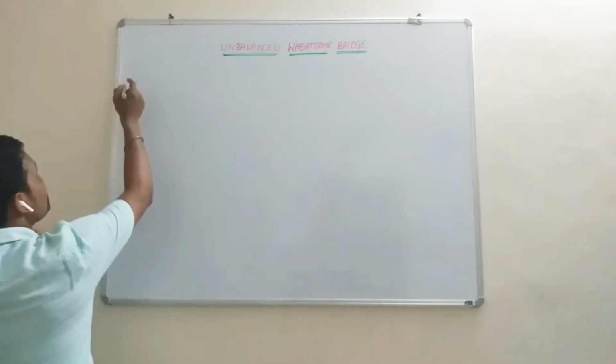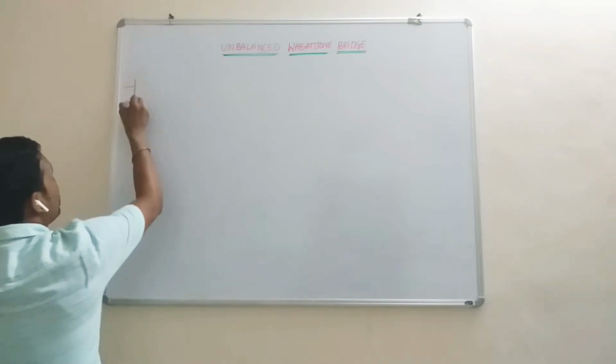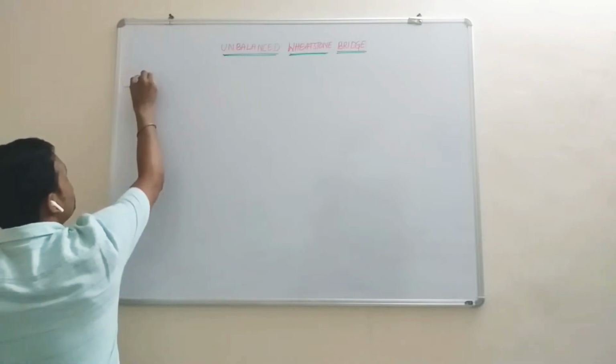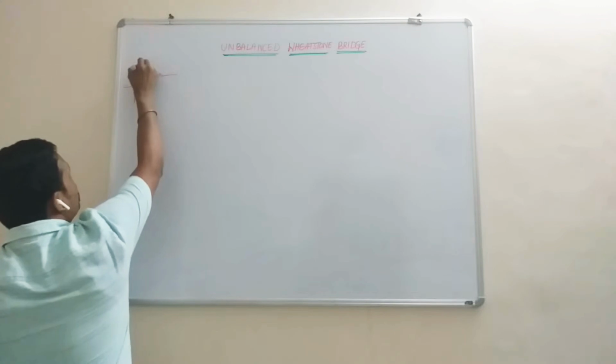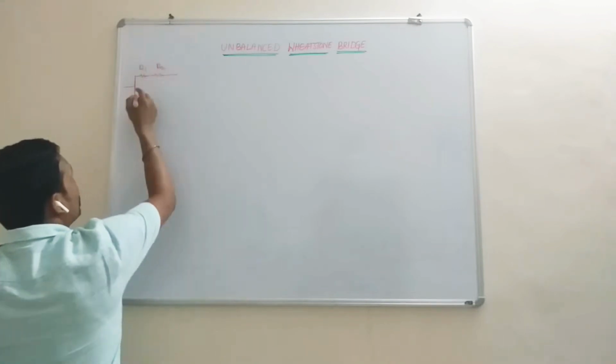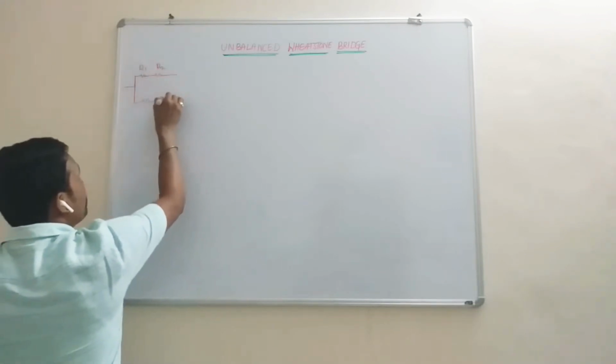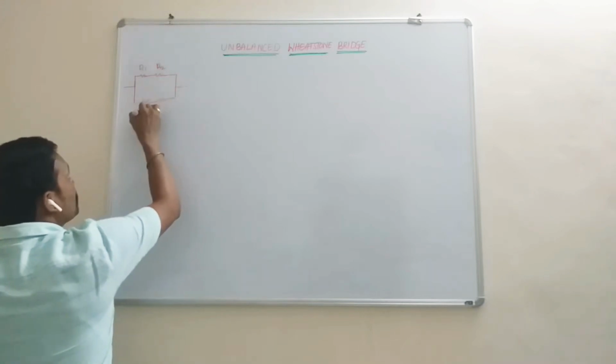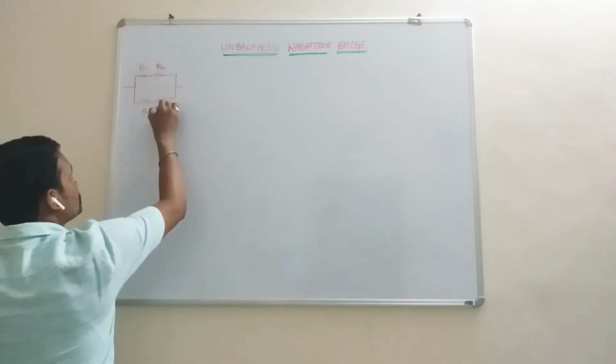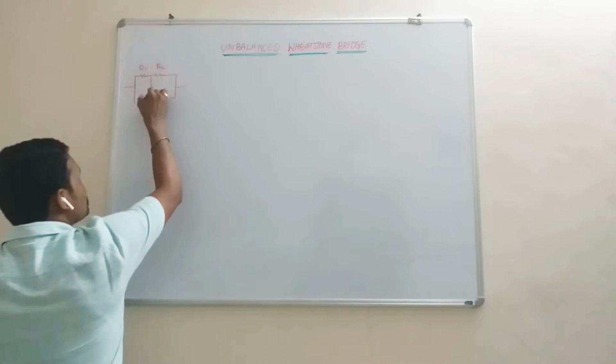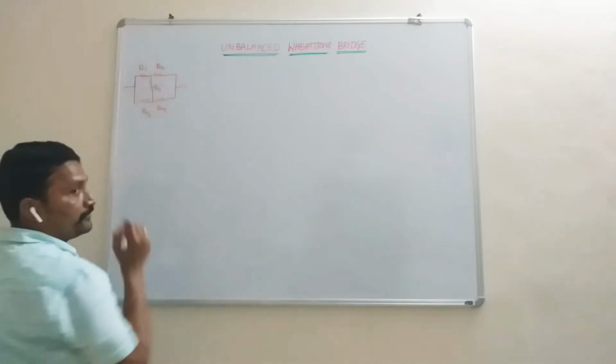In the balanced Wheatstone bridge, the five resistors are here. This is R1, this is R2, this is R3, this is R4. This junction is connected by another resistor R5.